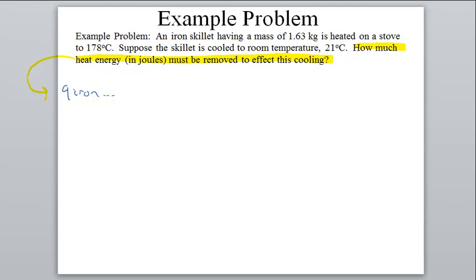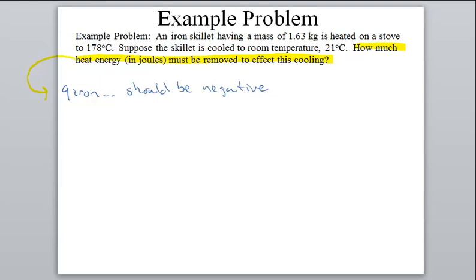You should be able to say whether that Q is positive or negative even before you do a calculation. And as we think, the iron's losing energy, so if it's losing, it's negative. That Q for the iron should be negative.